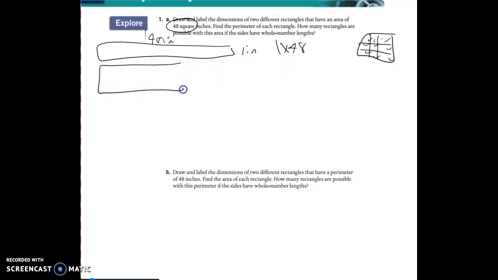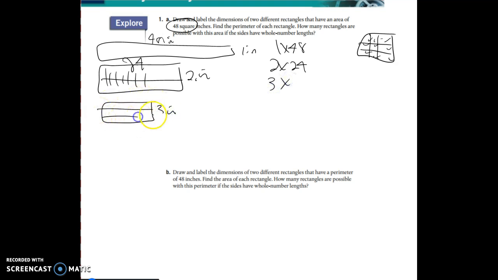I could do 2 by, say, 24, because 2 times 24, and again if I drew in all the little squares, that would be 48. So 2 by 24 would work. If I did 3 inches this way, by what would that be, 16 this way, and that would give me 48.